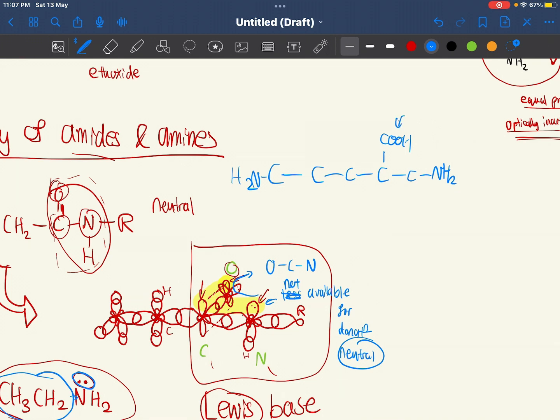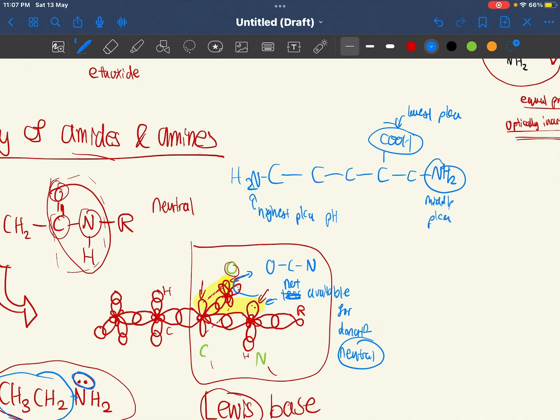This has the lowest pKa value, and this will have the highest pKa value. The pKa value is something like pH, but specifically targeting the groups here. This one has the middle pKa value in between the two of them.